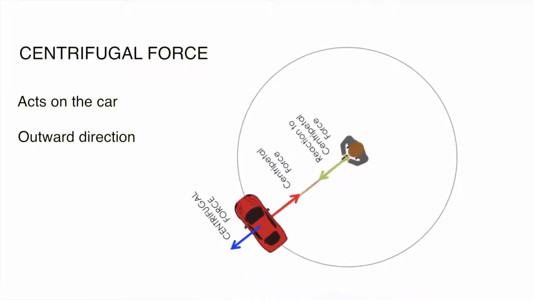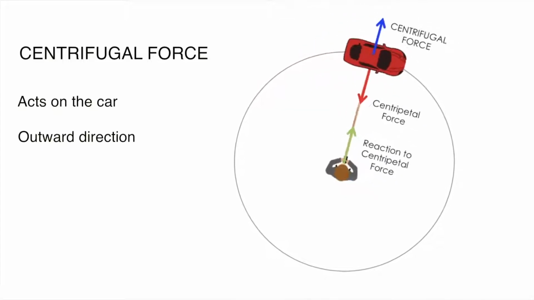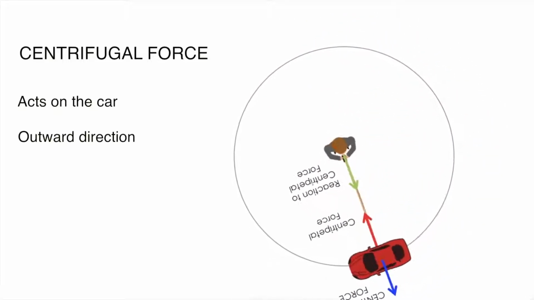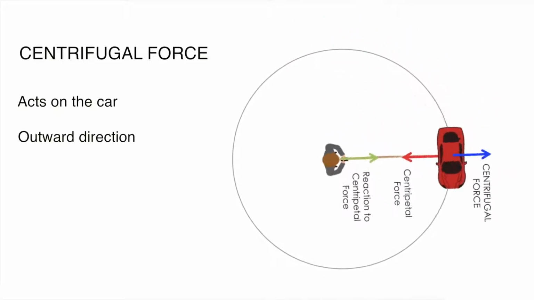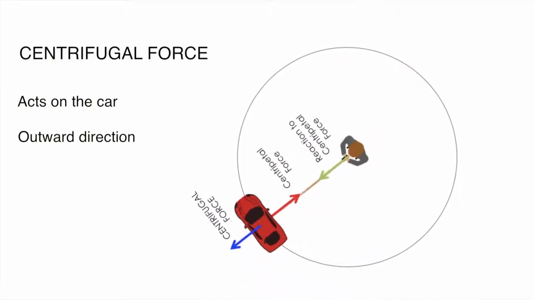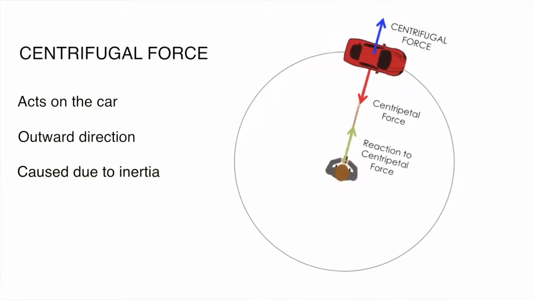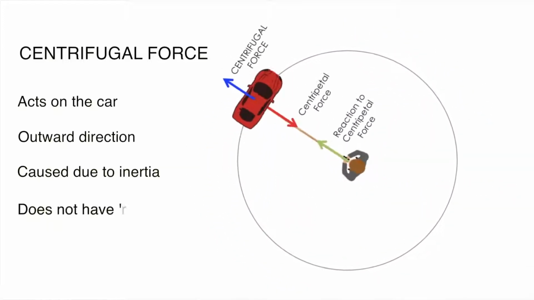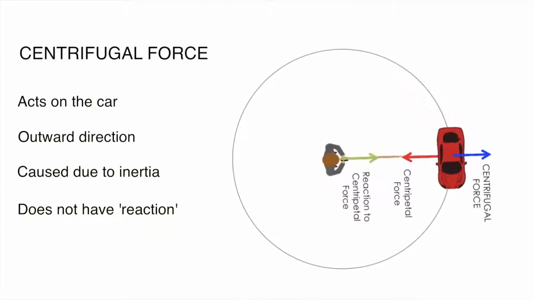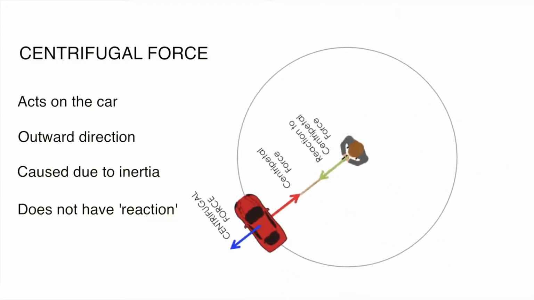Now, this force is caused due to the tendency of the car to move along a straight line at uniform speed. In other words, it's caused due to inertia. It does not have a reaction force, and hence it is said to be a fictitious force.